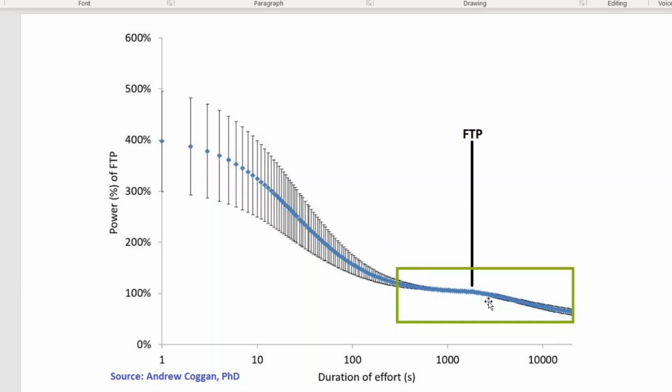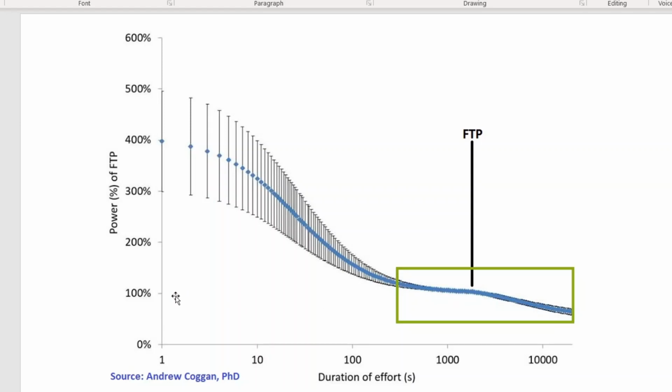But that said, if you look here, what we're looking at is the percent of FTP on the y-axis and the duration here. And I've marked off roughly where FTP lies. And what we have is we have error bars. We have the mean and the variance here. And this is in a large population of cycling athletes.